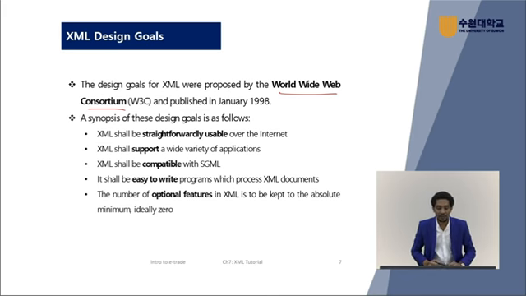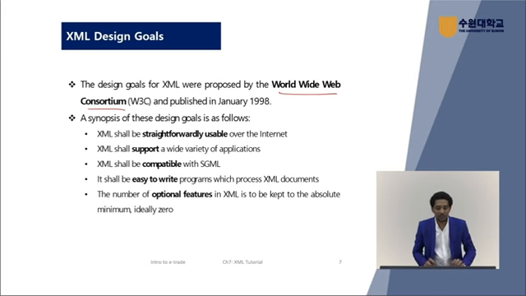So W3C, or World Wide Web Consortium, this is a group which define standards and rules for the internet also, right? So you know that nobody owns the internet, but there are groups who define standards and rules for the internet. So these groups are called the World Wide Web Consortium, right?